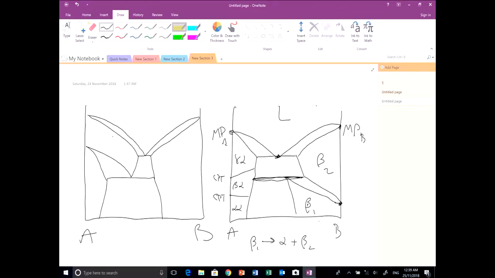I see lots of fingers. Fortunately, none of these. How many invariant points? 3? 6? Who thinks there's 6? Who thinks there's 5? Who thinks there's 7? Let's count them. 1, 2, 3, 4, 5, 6, 7. Oh, you missed one, whatever that was. Okay? 7 invariant points. We have a eutectoid, a eutectic and a paratectoid.